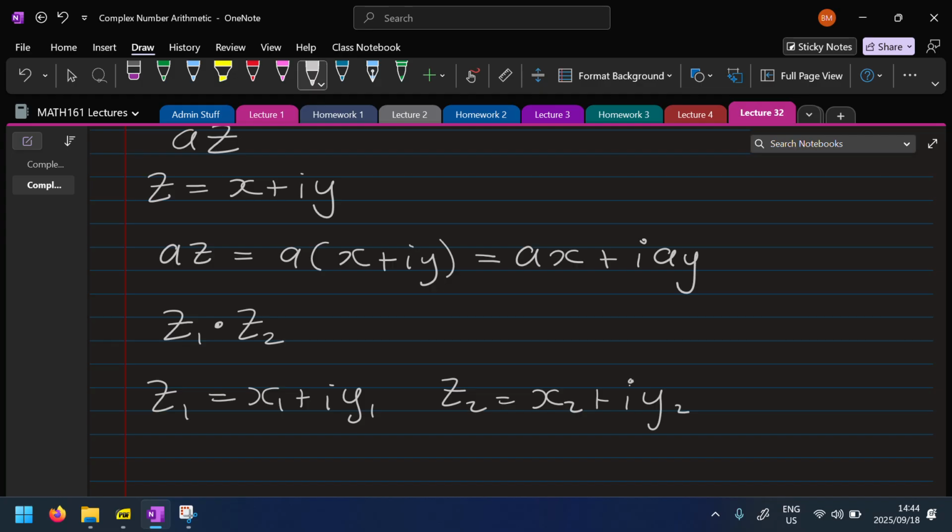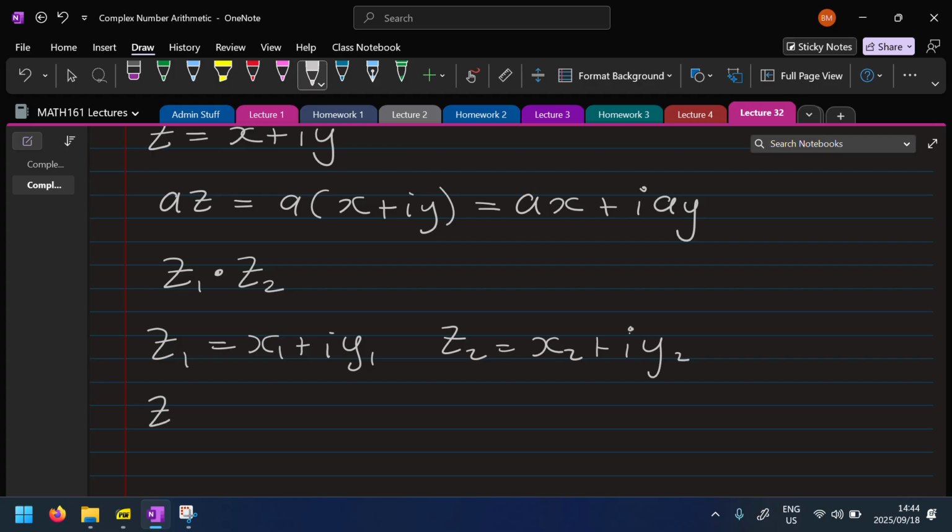This one's a bit more involved, but not too bad. So Z1 times Z2, we have brackets for Z1, X1 plus iY1, and brackets for Z2, X2 plus iY2.